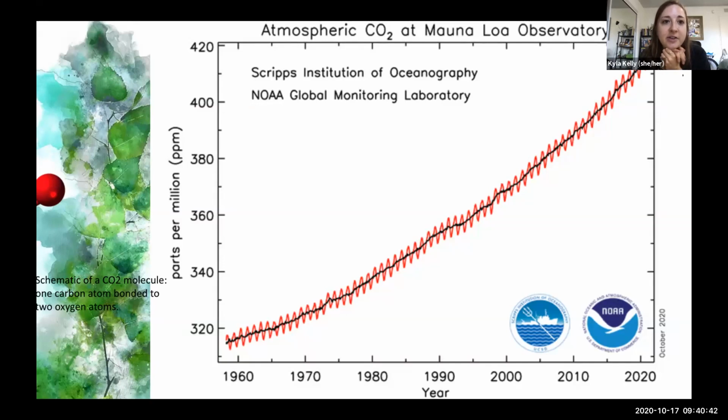Thinking about this on the global scale, the distribution of the continents is such that most of the continental mass, and therefore humans on the continents, are in the northern hemisphere. So this represents global CO2 overall, kind of an average for everywhere, but do you think there would be differences in different locations perhaps?